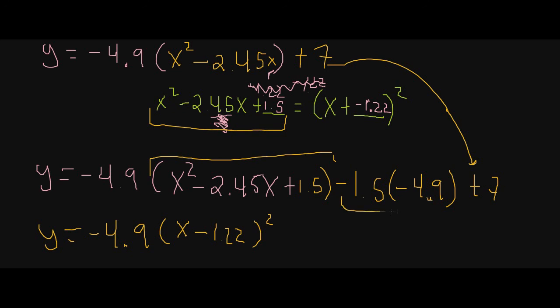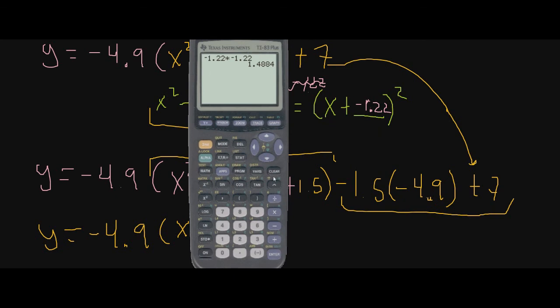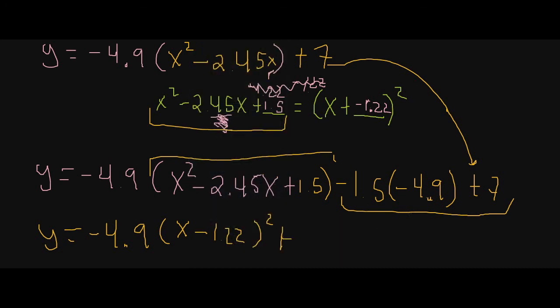And then over here, we just need to simplify this, right? Well, I'll go ahead and just get my handy dandy calculator over here. We have negative 1.5 times negative 4.9 plus 7, right? And that's going to be 14.35. So plus 14.35. And that's it. We're done.